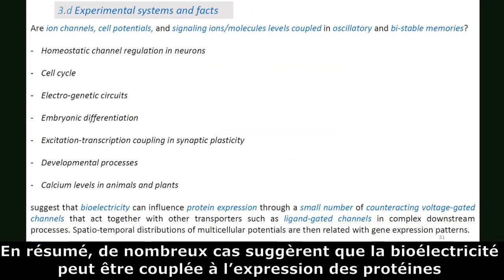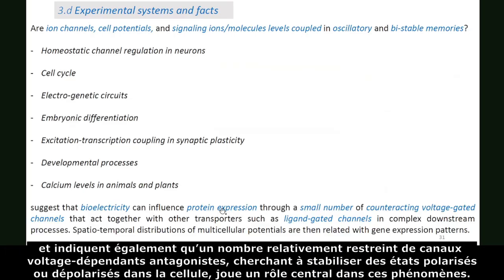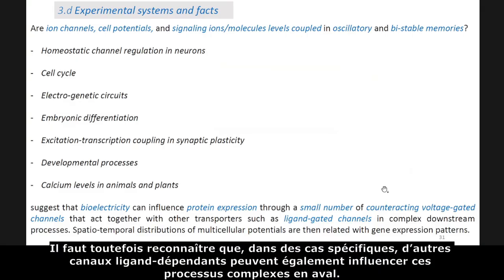Summing up, many cases tend to suggest that bioelectricity can be coupled with protein expression, and suggest also that a relatively small number of counteracting voltage-gated channels trying to fix polarized and depolarized states in the cell seem to be central to the problem. Although we should admit that in specific cases, other ligand-gated channels can also influence these complex downstream processes.